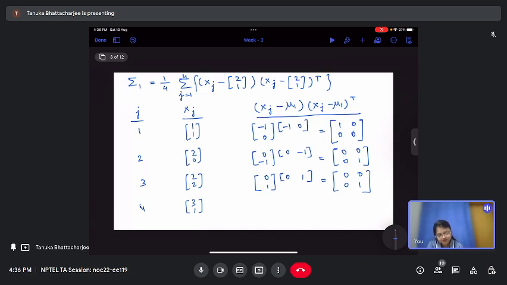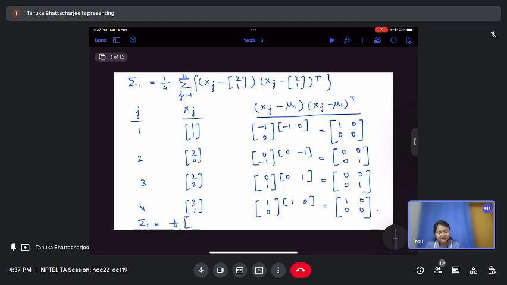And the last one, xj is (3, 1). Here xj minus mu 1 will be (1, 0) times (1, 0) transpose. So the matrix will become [1 0; 0 0]. So we have computed all the terms within the summation. The final sigma 1 will be 1 by 4 times the summation of these 4 matrices.